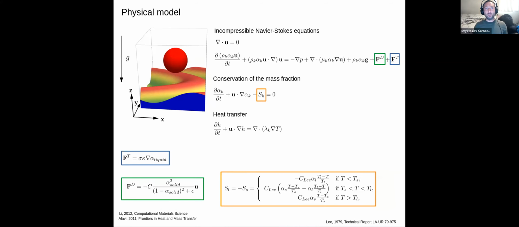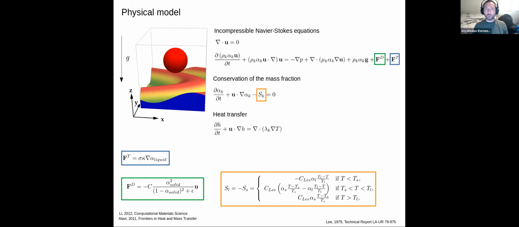This slide summarizes a physical model of metal jetting at the droplet scale. We model droplet dynamics and droplet solidification using the incompressible Navier-Stokes equations, heat transfer, and conservation of mass fraction. We have three types of species: gas, liquid, and solid.